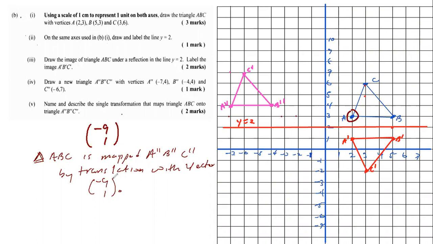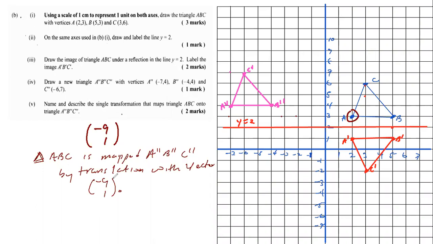You can use B or C. Once it's a translation, all of them will have the same movements, so it doesn't matter which one you use. For me, I check all of them to make sure they are the same, just to make sure.